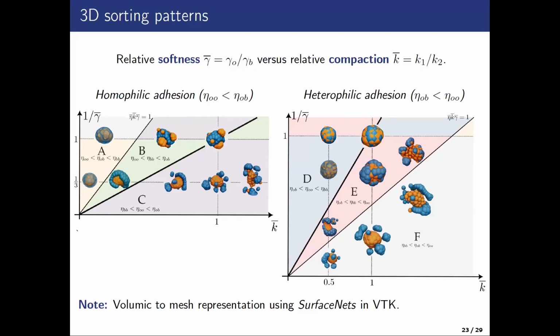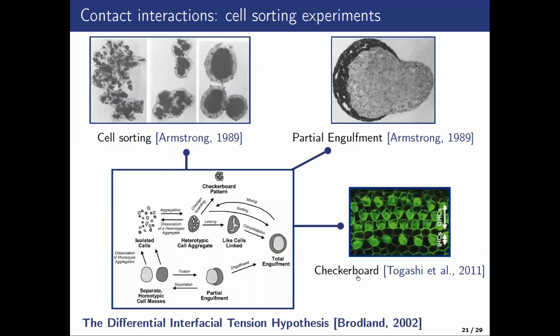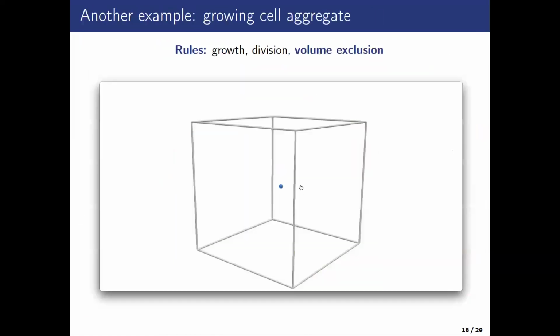How do you implement cell division? For this one it's really easy. You start with a position, and then you pick a random point and cut along a random axis.